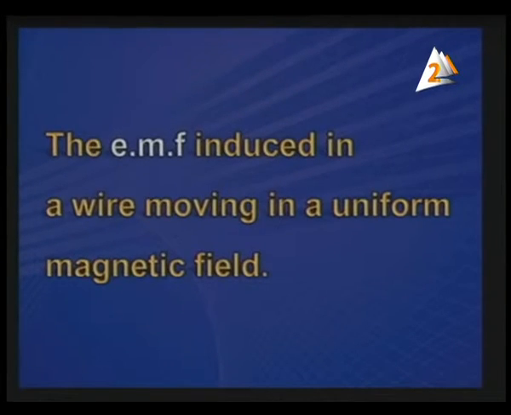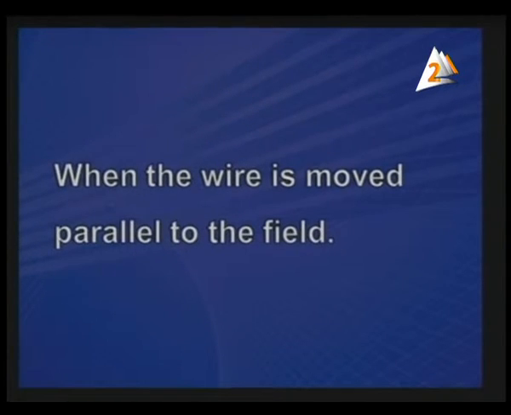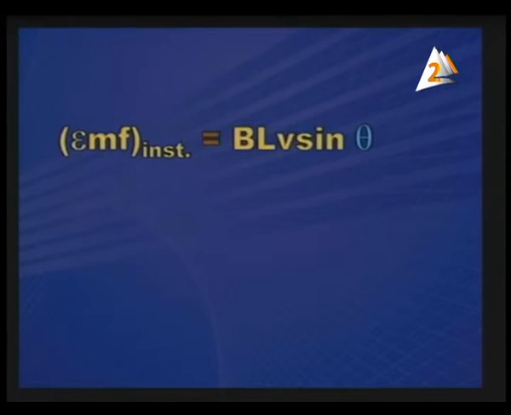When is the EMF induced in a wire moving in a uniform magnetic field equal to 0? When the wire is moved parallel to the field. The instantaneous EMF in the wire is given by the relation B L v sine theta, where B is the magnetic flux density, L is the length of the wire, v is its velocity, and theta is the angle between its direction of motion and the magnetic field.